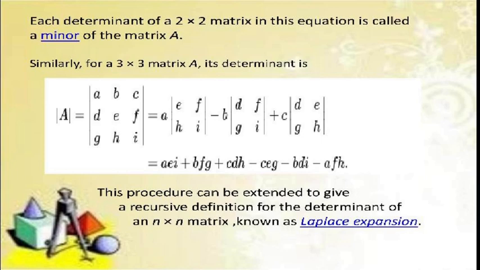Each determinant of a 2 by 2 matrix in this equation is called a minor of the matrix A. This procedure can be extended to give a recursive definition for the determinant of an n by n matrix, known as the Laplace expansion.